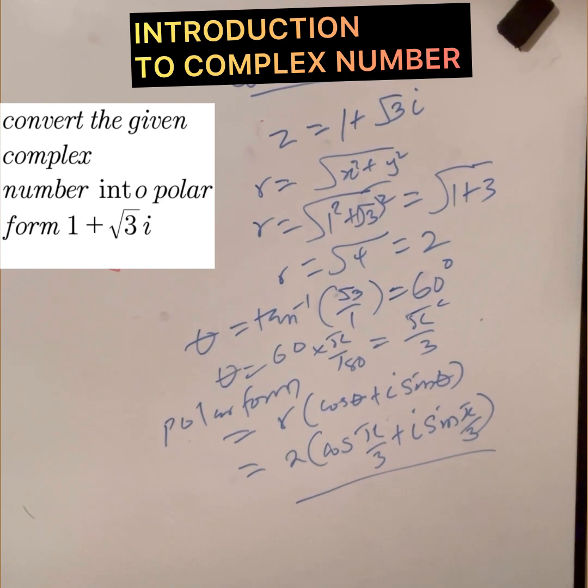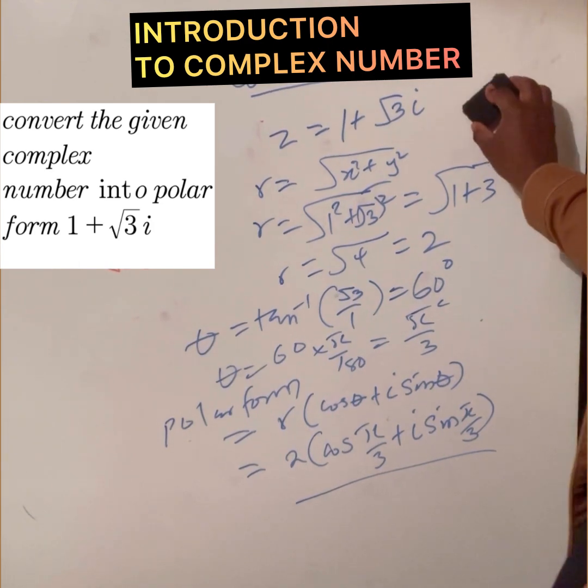It's very simple. Then I'm going to solve this again with a second method. There is another method I'm going to use. That one seems complex, but it's easy to me.